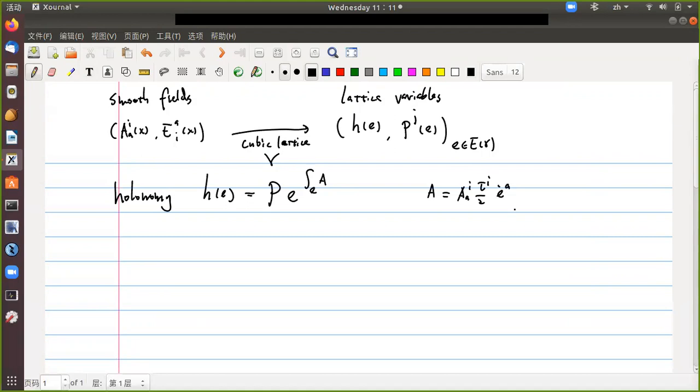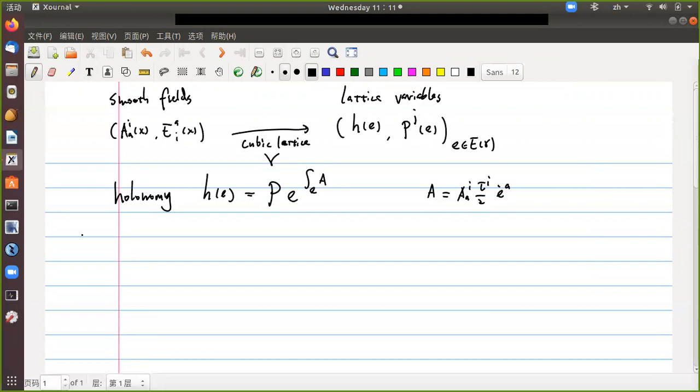Okay, and last time I also introduced two useful formulas for computing the holonomy from this gauge connection A, and there was a homework to ask you to check these two formulas are equivalent. Sometimes I will use them, so maybe it's good to write them down.